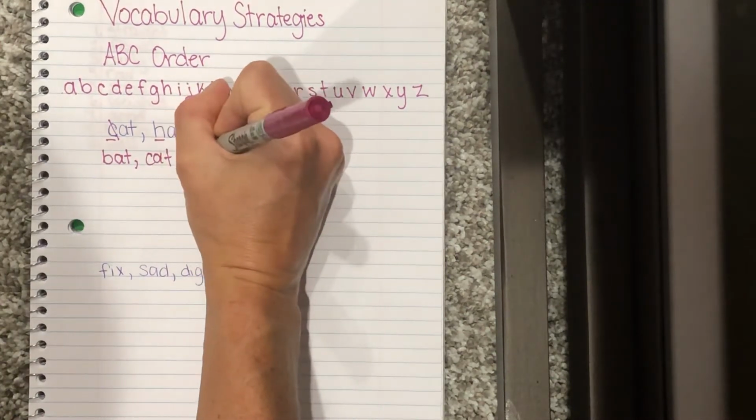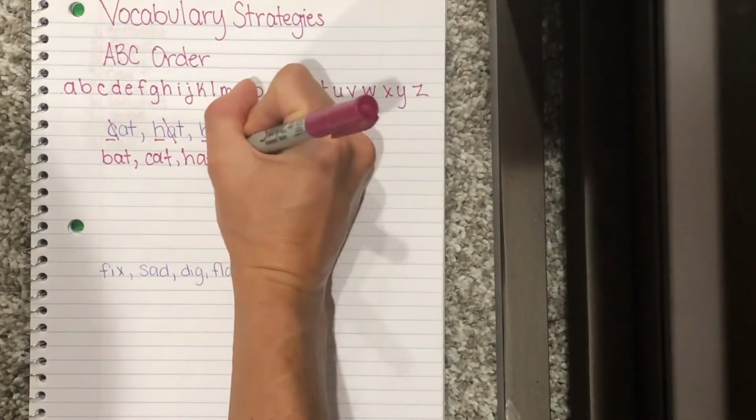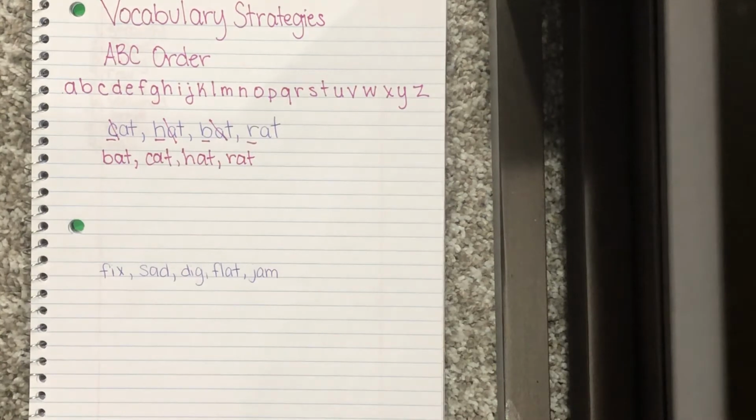Hat. And finally, I will write rat. So for that part, you're just going to have to look at the first letter of each word to determine how to write these words in ABC order.